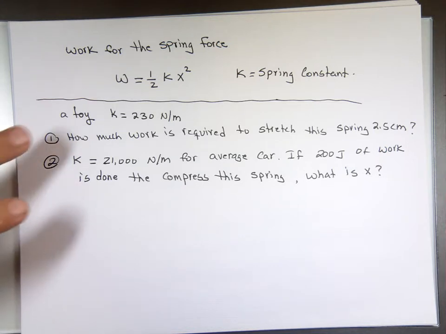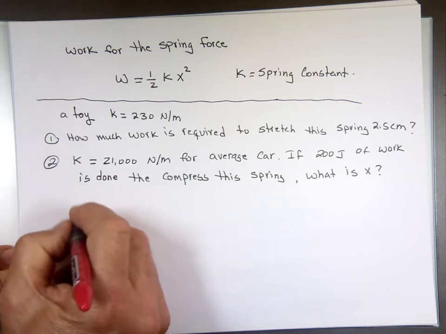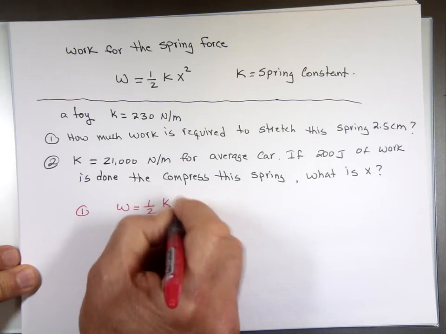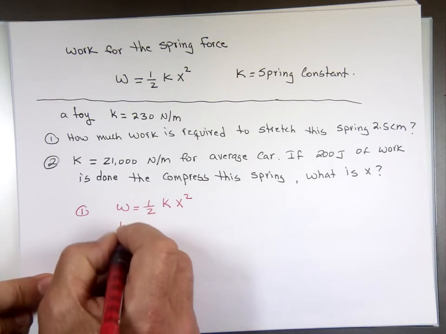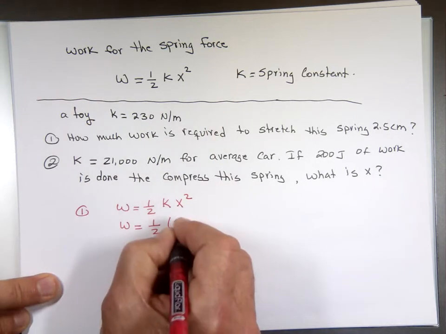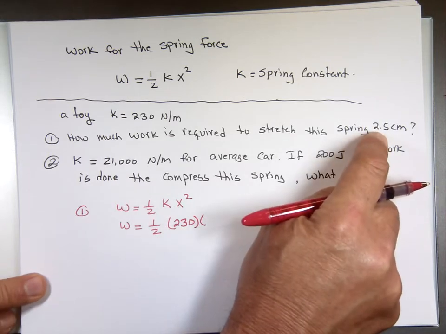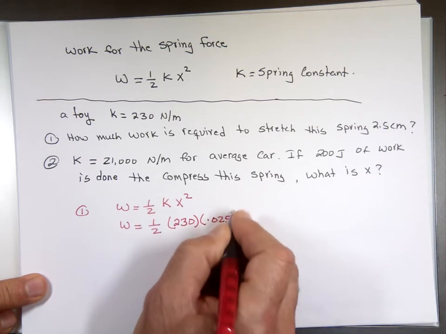The first one says, how much work is required to stretch the spring 2.5 centimeters? Question one is straightforward. Work equals 1/2 kx squared. The work is unknown, we're looking for it. 1/2, k for that toy is 230, and the distance is 2.5 centimeters, that's 0.025 meters, and you're going to square that.